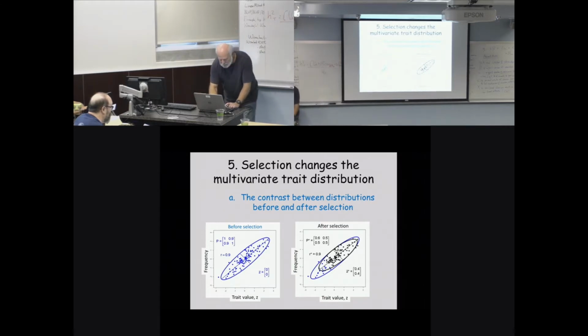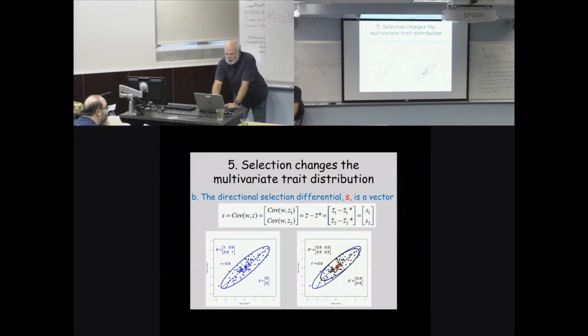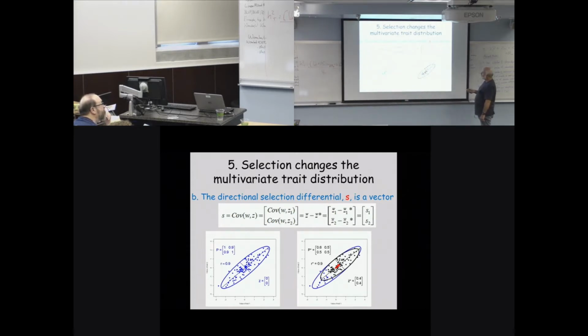All right. So now we're going to generalize all of our measures of selection to the bivariate case and apply them just to see what sorts of values we would get. And now, when we look at S, the selection differential, we're going to call it the directional selection differential because we're going to distinguish.